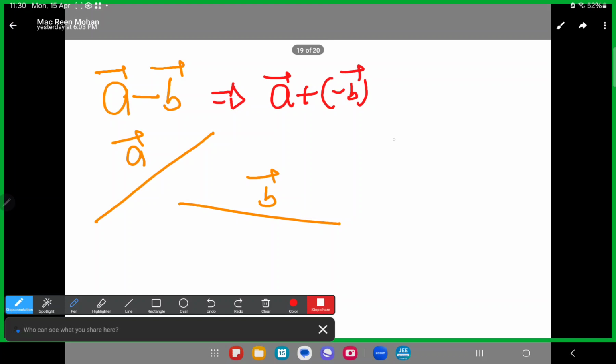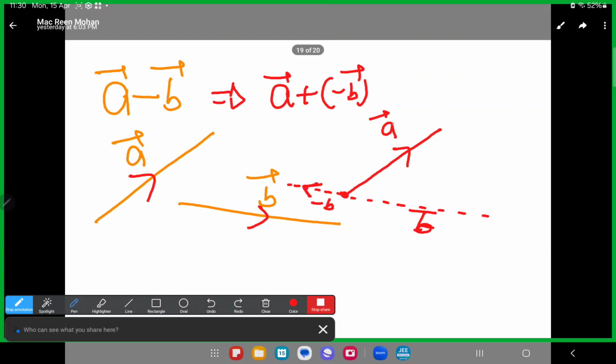This is vector A, and vector B is in the given direction. Minus means we have to flip the direction. This is flipping the direction. This is vector minus B. Clear?